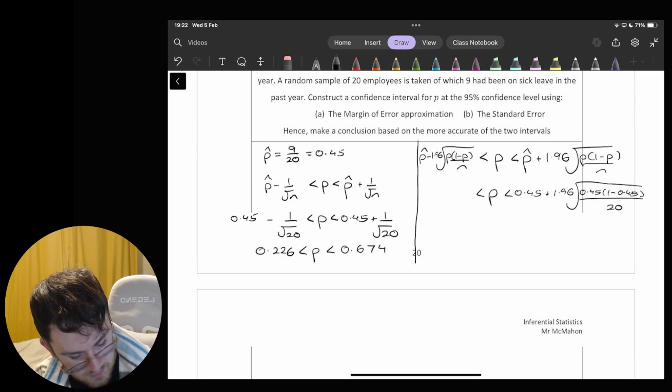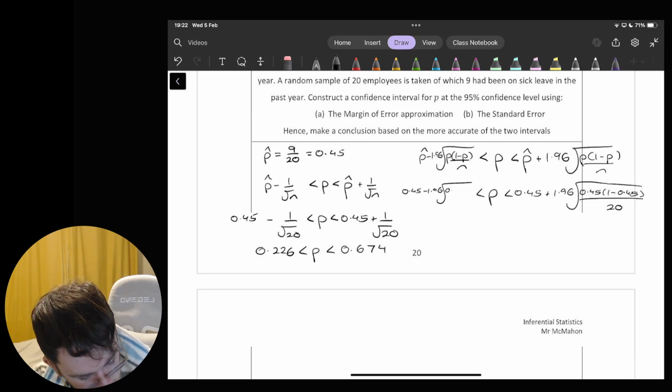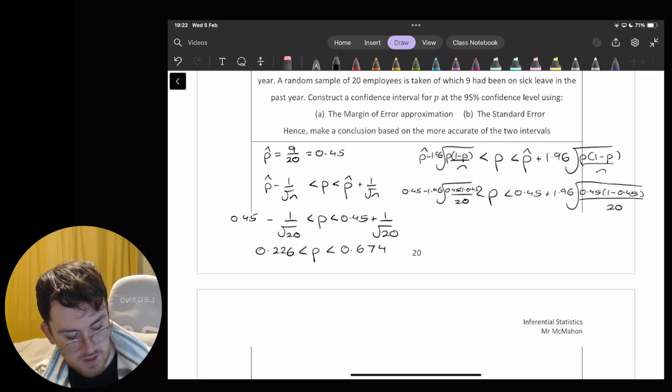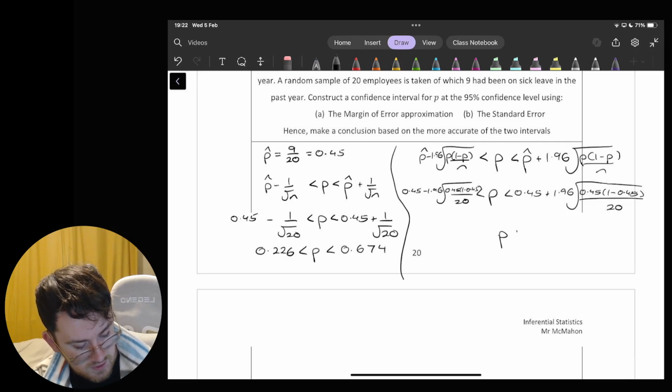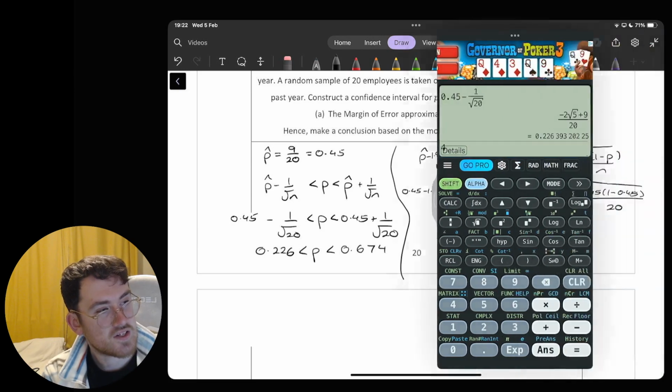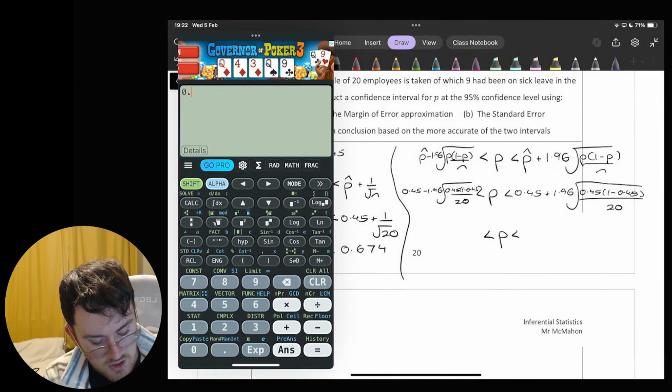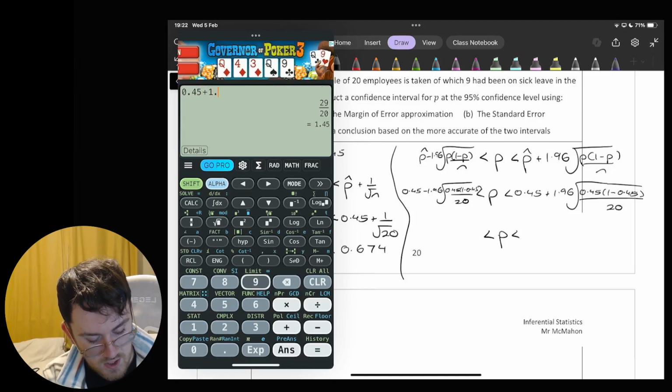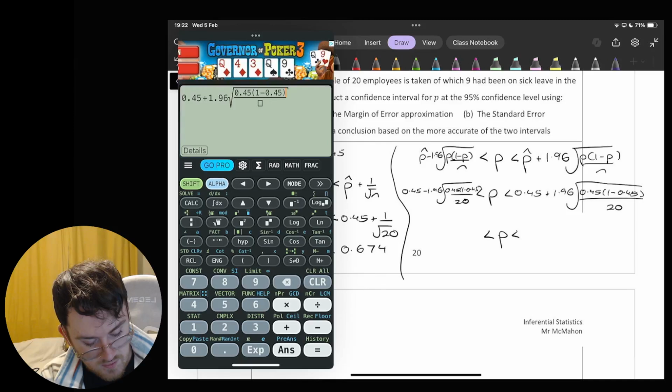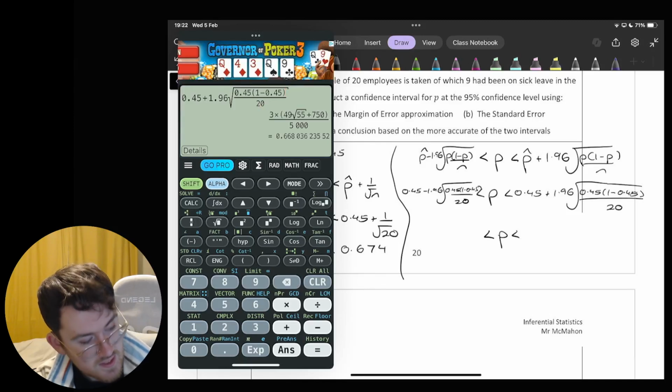I might get rid of this line to give me a little more space. 0.45 minus 1.96 root 0.45(1 minus 0.45). Bear with me, I know that is tiny, but we'll be doing the calculation on the next line. You could of course work that out ahead of time, just not forgetting my 1.96. So 0.45(1 minus 0.45) all over 20 as my sample size, and we get 0.668.